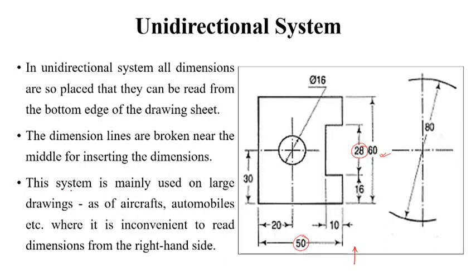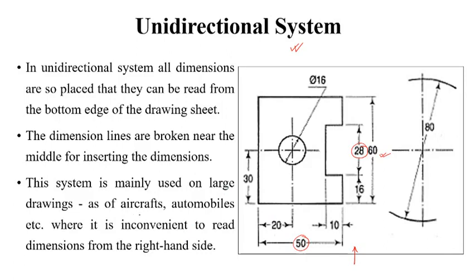Clear? Now, this system is mainly used on large drawings, such as aircrafts or automobiles, where it is inconvenient to read the dimensions from the right-hand side. If we have large drawings like aircrafts or automobiles, we cannot place the aligned system, because it would be inconvenient to read the dimensions.